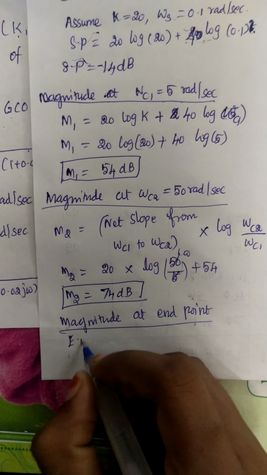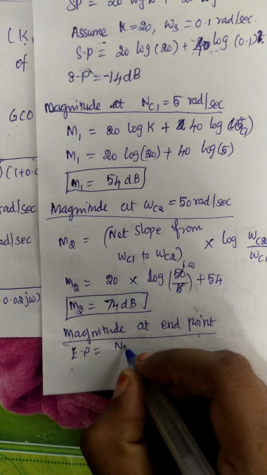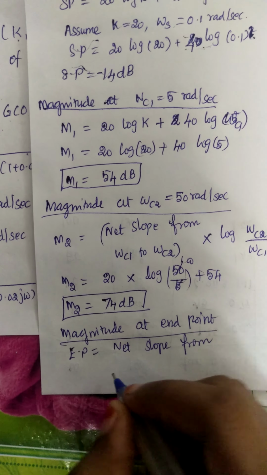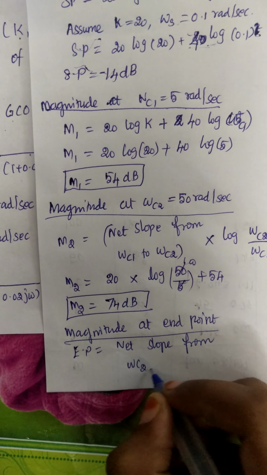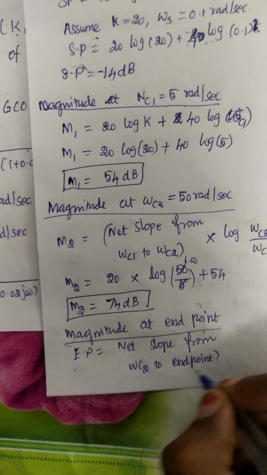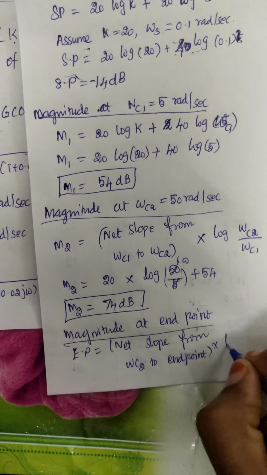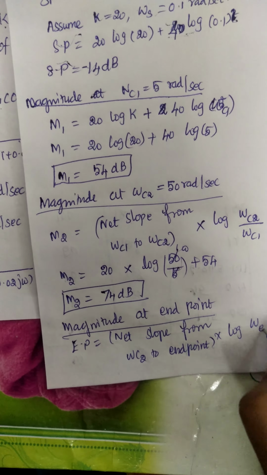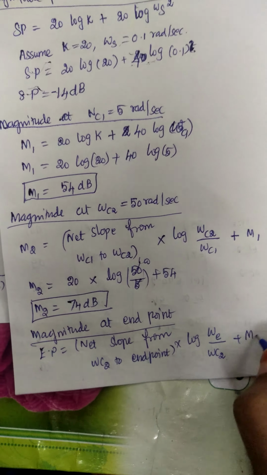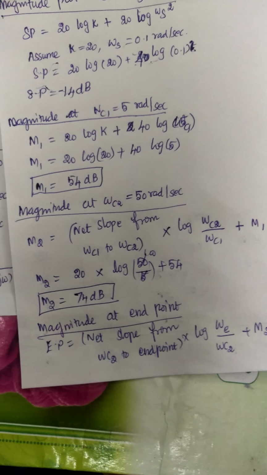Here the endpoint is there, so net slope value from omega c2 to endpoint, into log of omega endpoint divided by omega c2, plus the previous value.